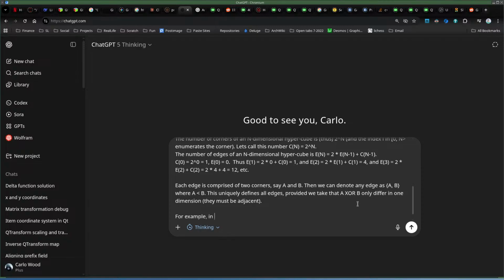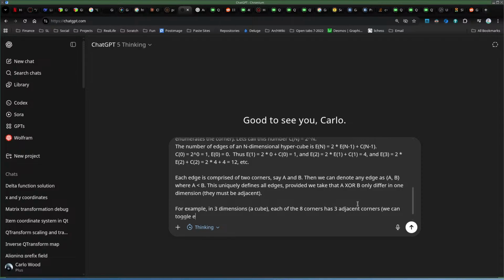For example, in 3 dimensions, a cube, each of the 8 corners has 3 adjacent corners. You can toggle each of the 3 bits.